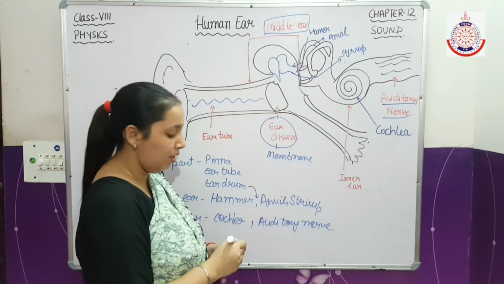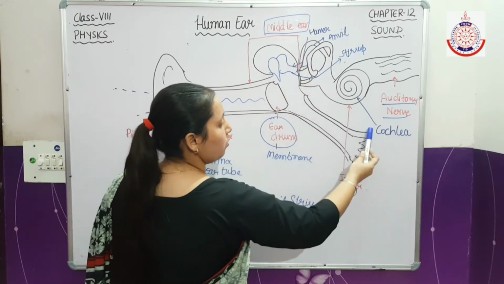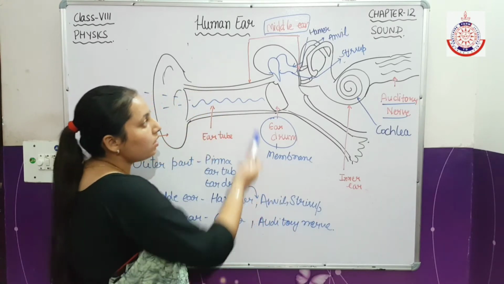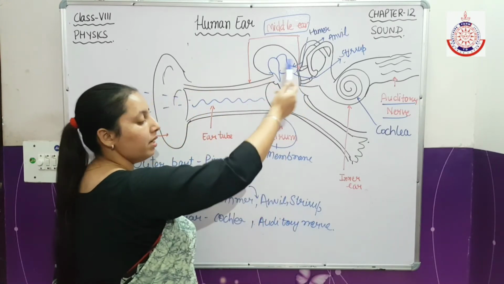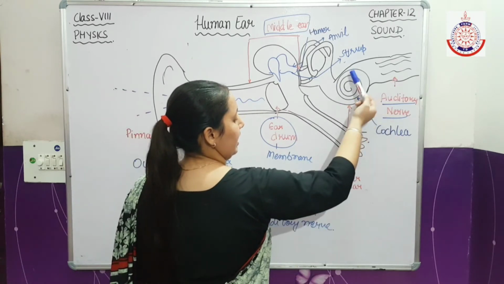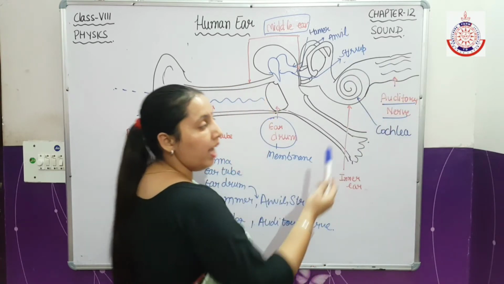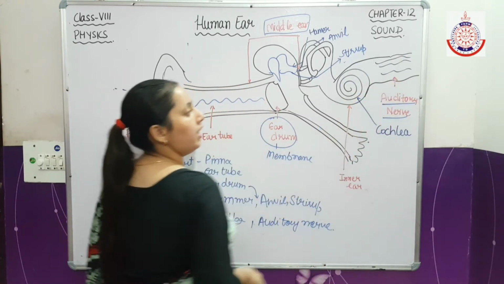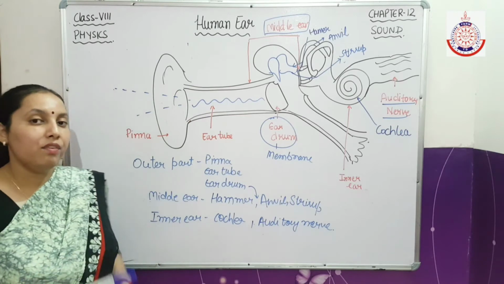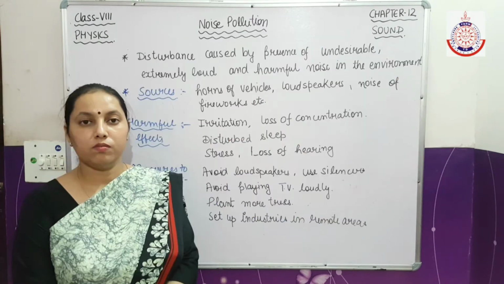From the middle ear, it travels to the inner ear, right? Through these hammer, anvil and stirrup. Fine. And from this cochlea, that is the inner ear, it travels through the auditory nerve. And the auditory nerve is further attached to the brain, where we can identify the different types of sound.